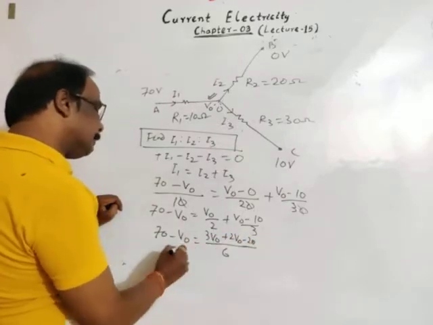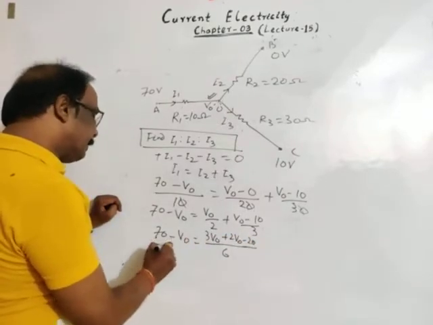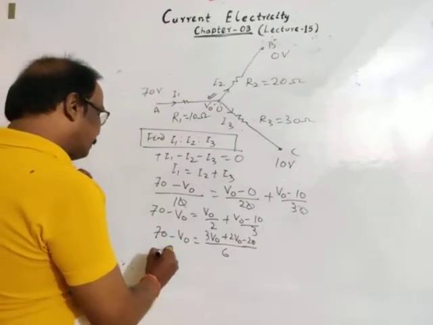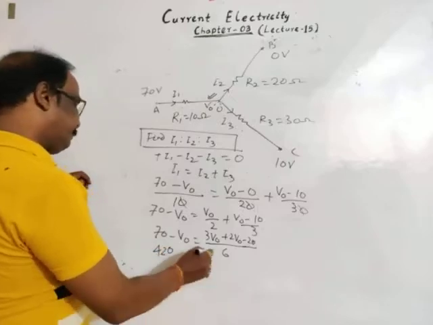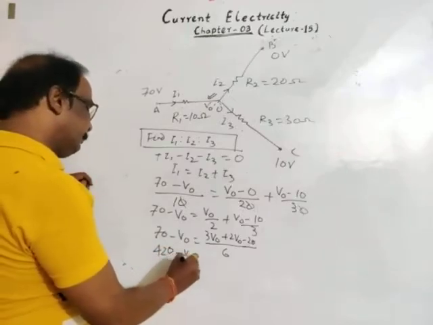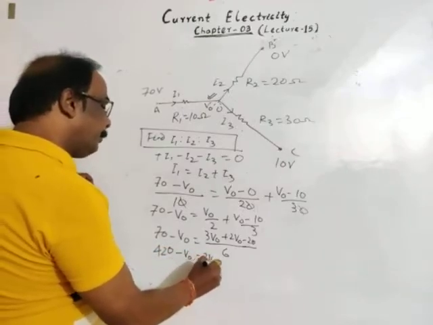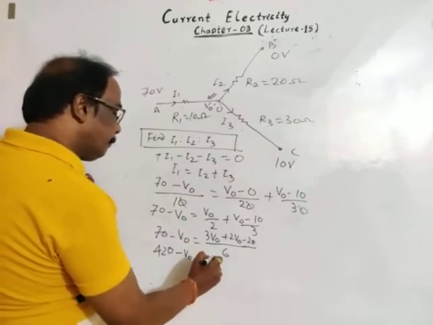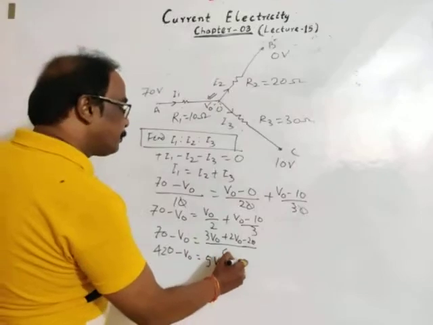Then solve it. 70 into 6, 420 minus VO is equal to 3 VO plus 2 VO means 5 VO minus 20.